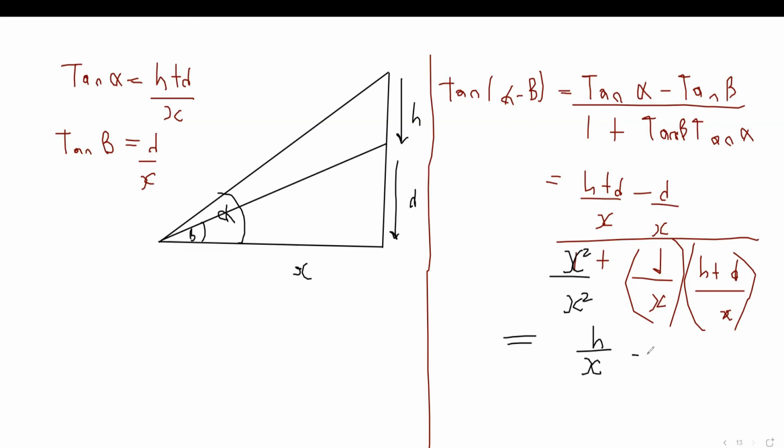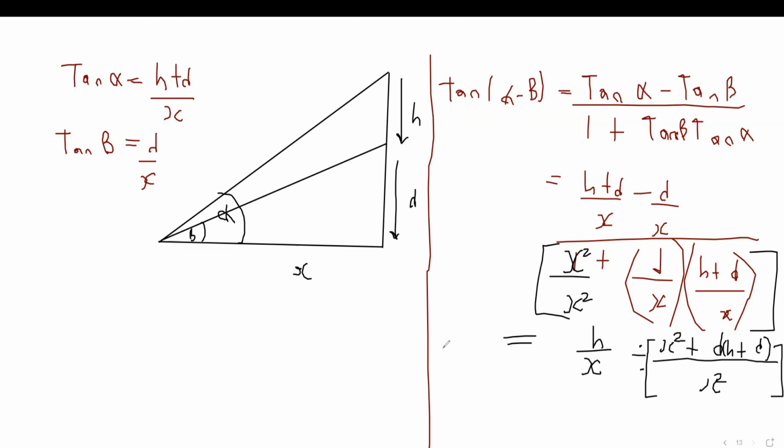This is then being divided by, now I'm removing the vernacular sign and putting a regular division sign, x squared in the numerator, because this is all over x squared, by the way. I'm simplifying this denominator. What I'm putting in the square bracket here is going to be x squared plus d times in bracket h plus d. So that is all we have.